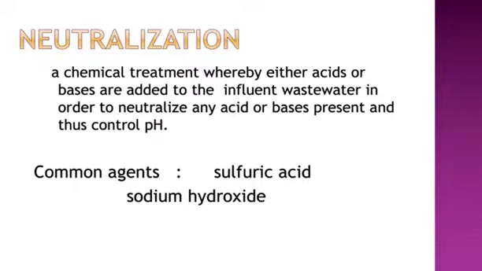So if it is acidic, we're going to add commonly sodium hydroxide to neutralize the wastewater. Or if you have a pH higher than 7, we're going to neutralize it by adding sulfuric acid. In this way, we can achieve a pH of 7.